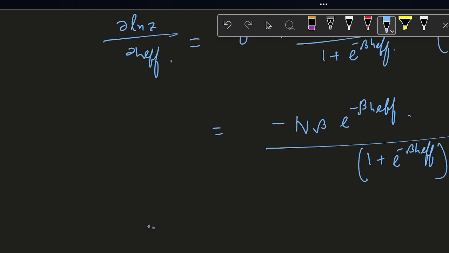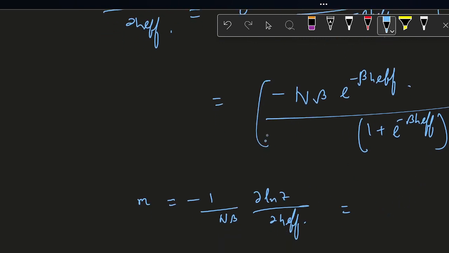Okay, so you have almost reached the conclusion. Your m is minus 1 by n beta, this del ln Z by del h effective. So you just plug in the value that we have calculated from the derivative. So this is minus n beta, and minus 1 by n beta cancels out with it. Minus and minus makes it plus.